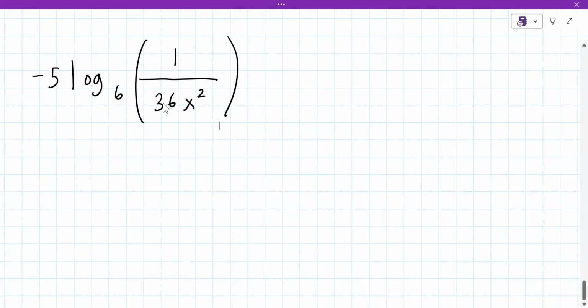And after this problem, maybe we'll transition to something else. So it's still a quotient. Even though there's no variables on the top, there is a number. So it is a quotient. It's -5 log base 6 of 1 minus, okay, I'm sorry, let me do this differently.